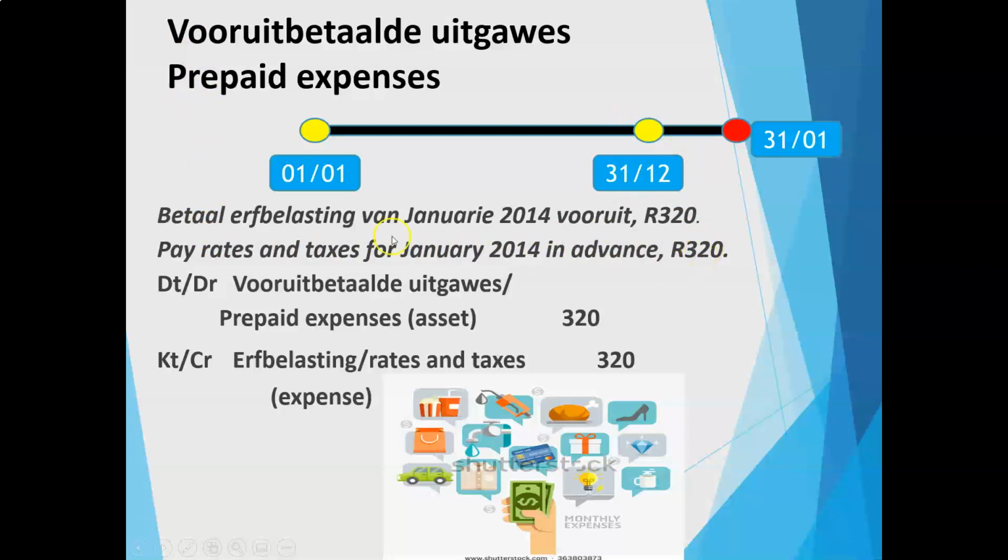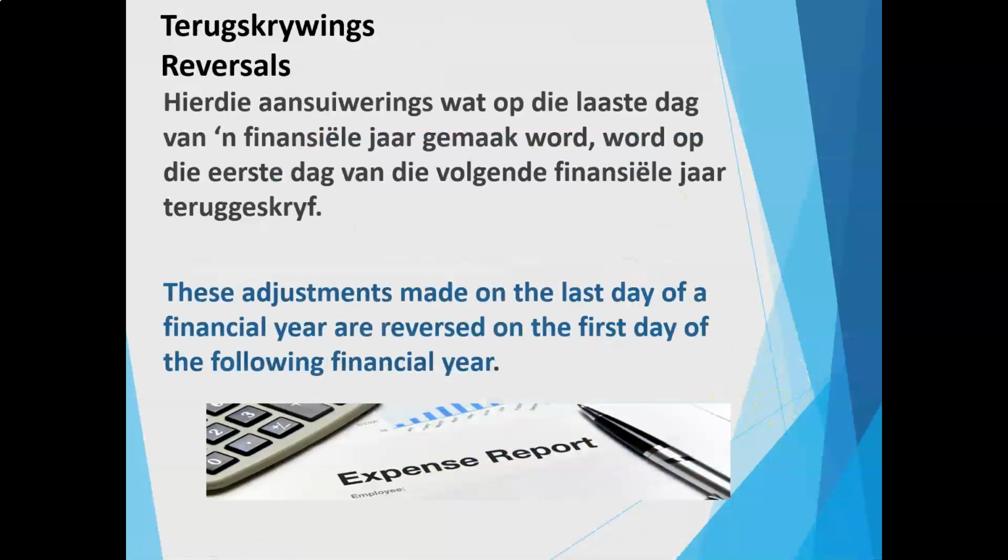We're going to debit rates and taxes expense account 320, credit bank 320. At year end, we're going to take it out of our expenses because we haven't received the service as yet. So we're going to debit prepaid expenses, which is an asset, R320, and we're going to credit our rates and taxes expense account, 320. So we're removing it out of our expenses, and obviously it's going to have an impact on our profits.